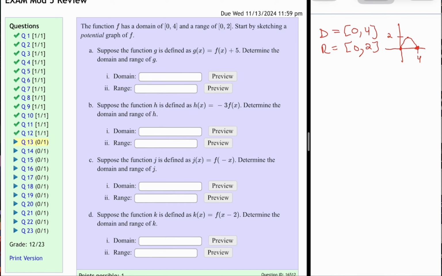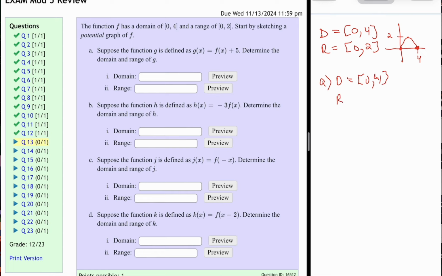Now A says, suppose that g of x is defined as f of x plus 5. Anything on the outside of the function is going to change the range. So that plus 5 is going to take this function and pick it up and move it up 5. Your domain is still going to be 0 to 4.